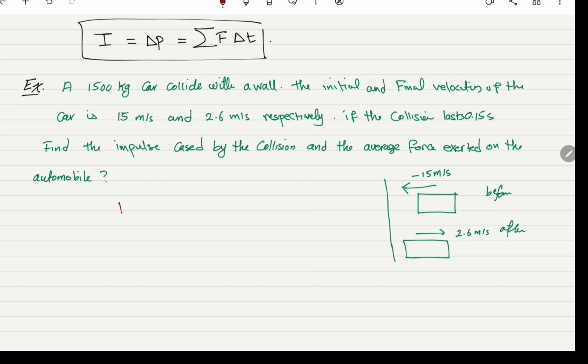Now the impulse here equals the change in momentum, or equals P final minus P initial, and in this case here equals 1500, which is the mass of the car, times 2.6 meters per second minus 1500 times minus 15.